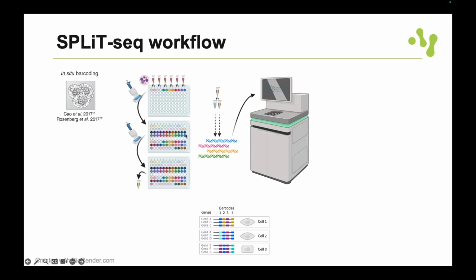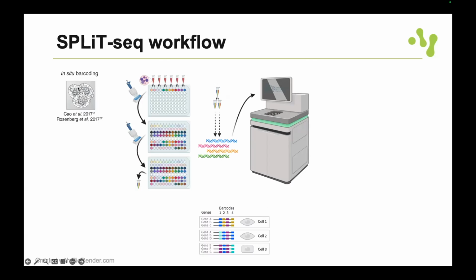So you're still at the cDNA stage here, where you have one molecule. Then you pool it again and split it to the third plate with yet another 96 unique barcodes. Then you pool that again, and you have sequencing libraries, and they actually split these into different sequencing libraries. So you finally have 4 rounds of splitting and pooling that creates combinations.